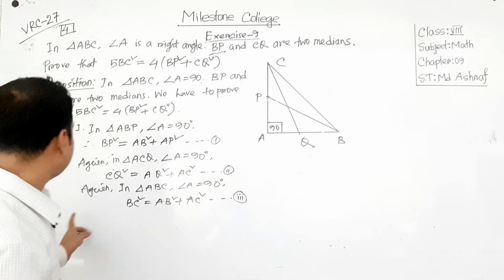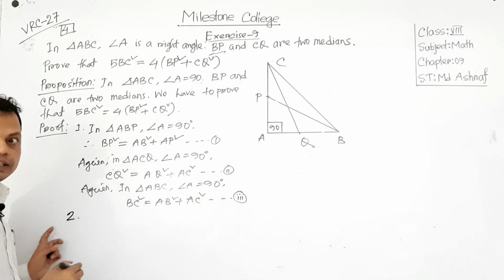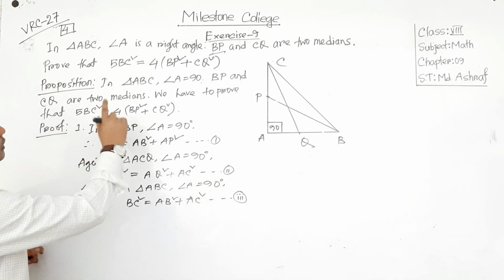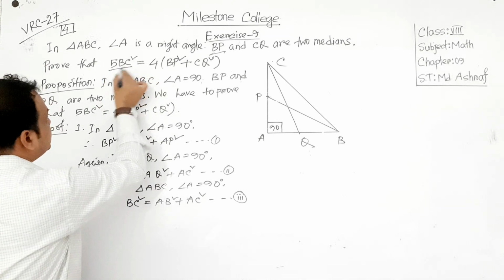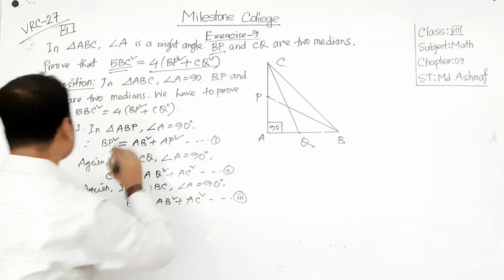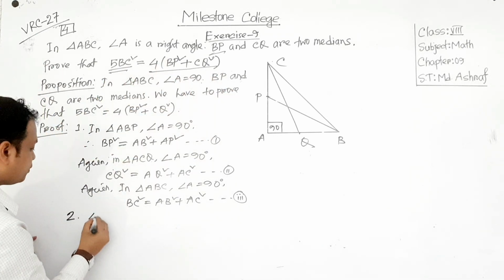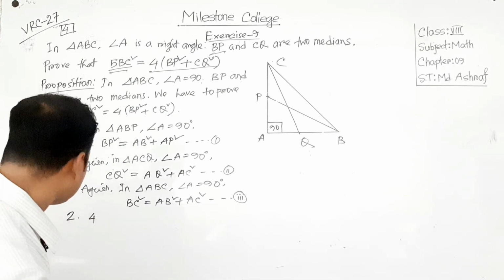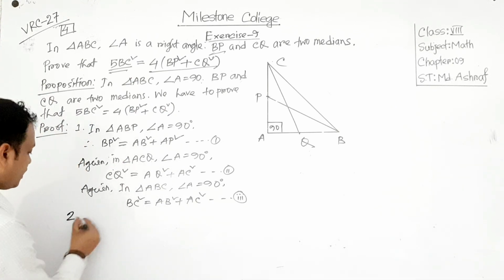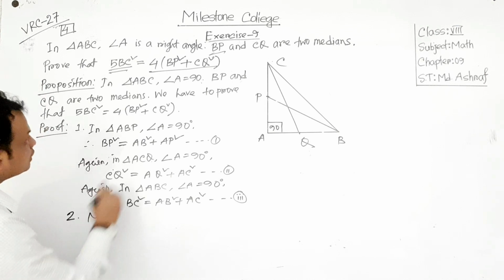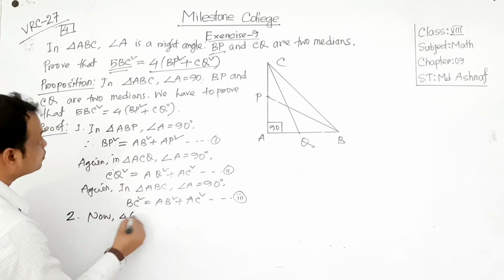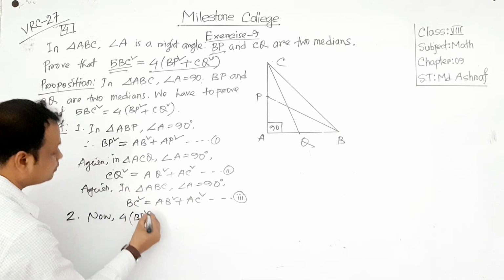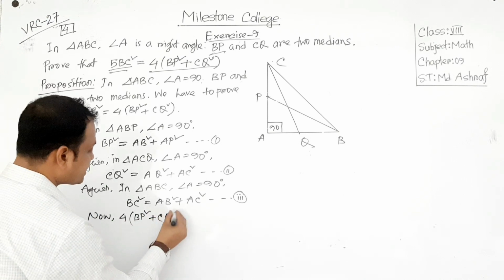In the second point, we have to prove this part equals this part. So this is the right hand side. I want to write now 4 into (BP square plus CQ square) equals.